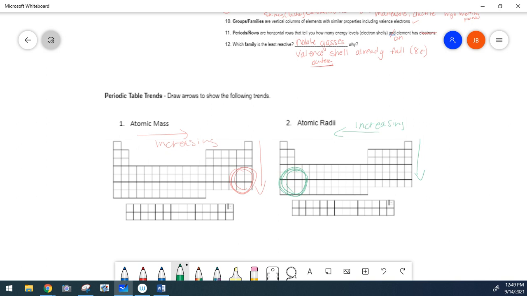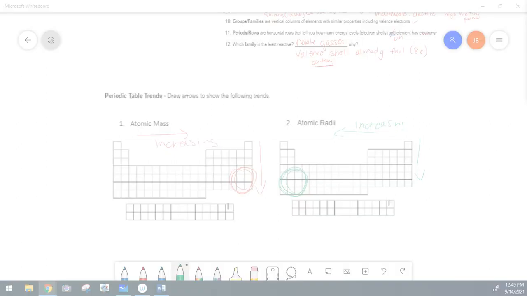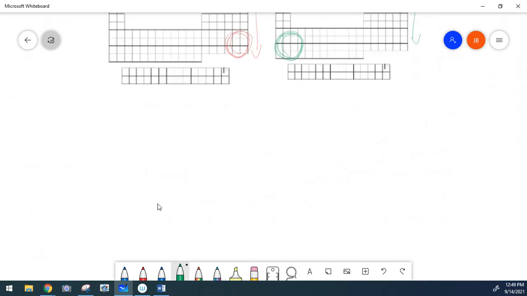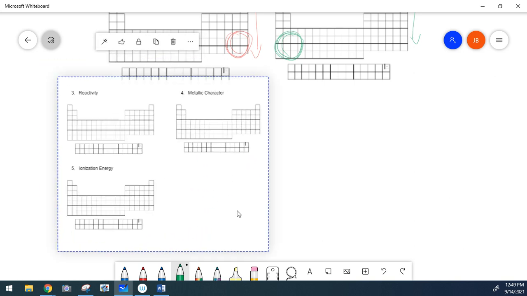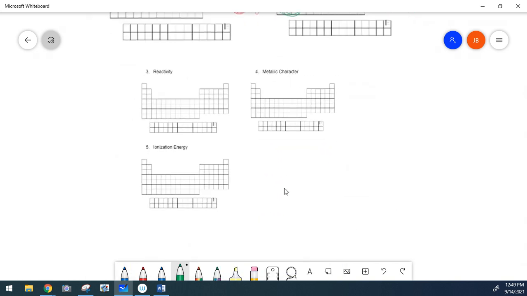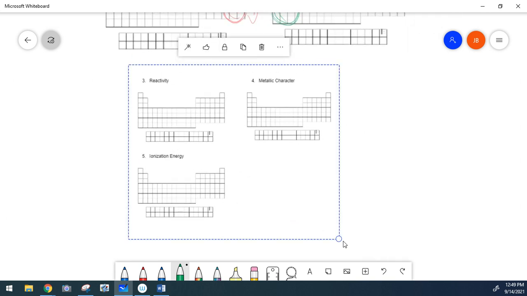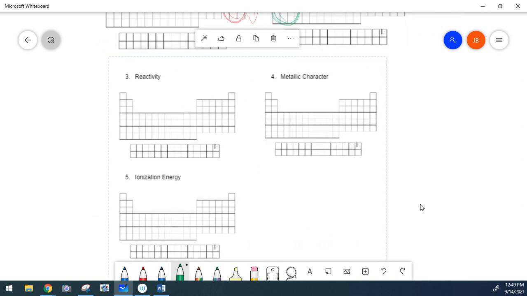All right. Let's look at reactivity and the last three. Are those big? Can you see it? All right, where are you most metallic? Or let's do reactivity.